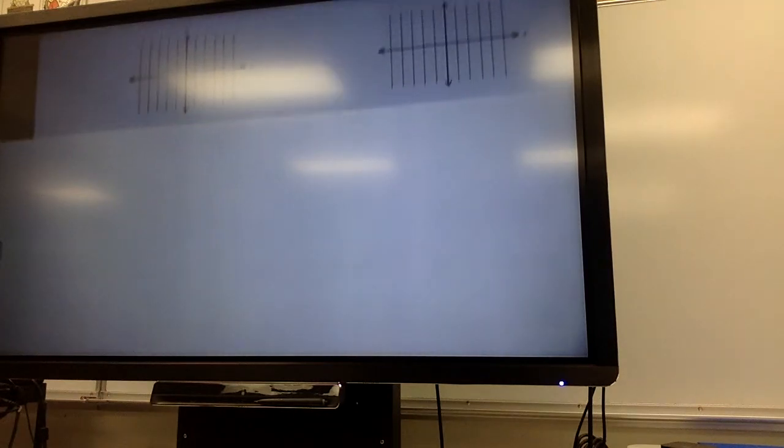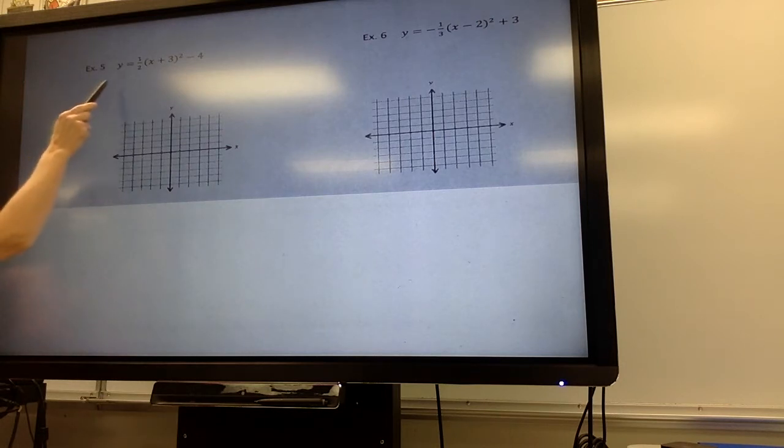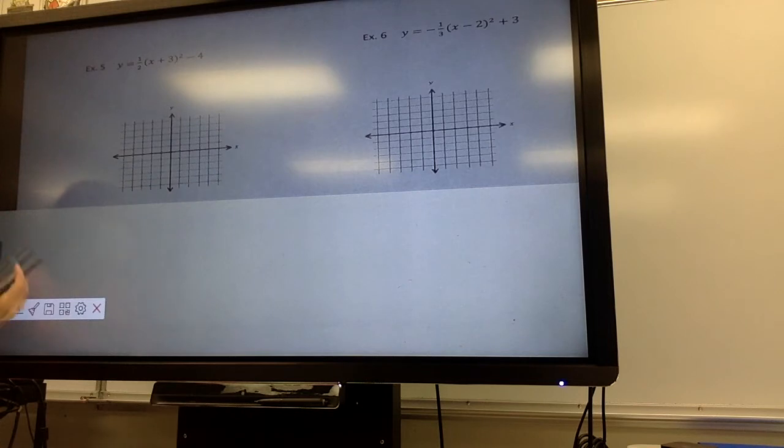Okay, let's graph one more. Put this in your notebook. Example 5: y equals 1/2, and that's your a value still. Yesterday we talked about the a value, so this still has an a value. So 1/2 is my a.